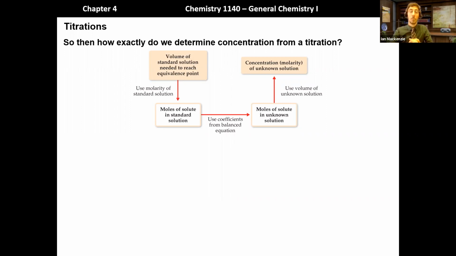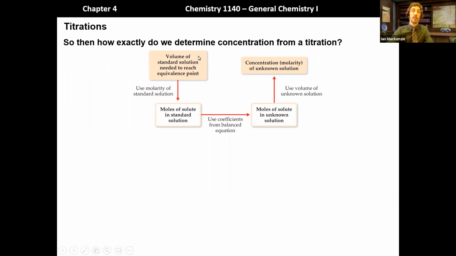So the process is, we did the titration, and we know now the volume of the standard solution that we needed to reach the equivalence point. We know that volume of base that we dispensed to cause the indicator to change color and tell us that we've reached the equivalence point.